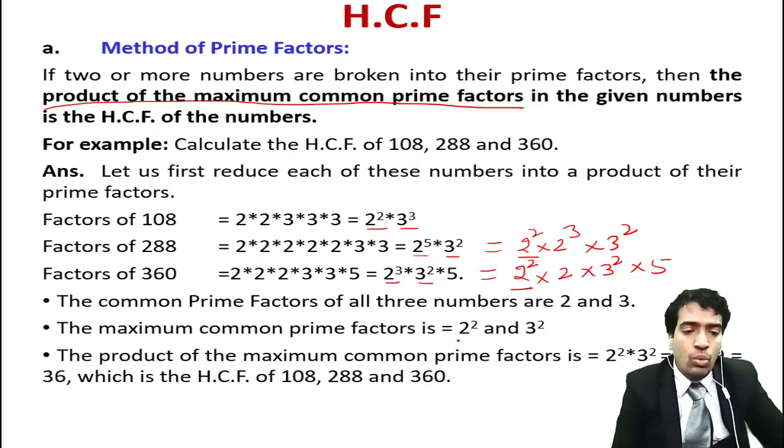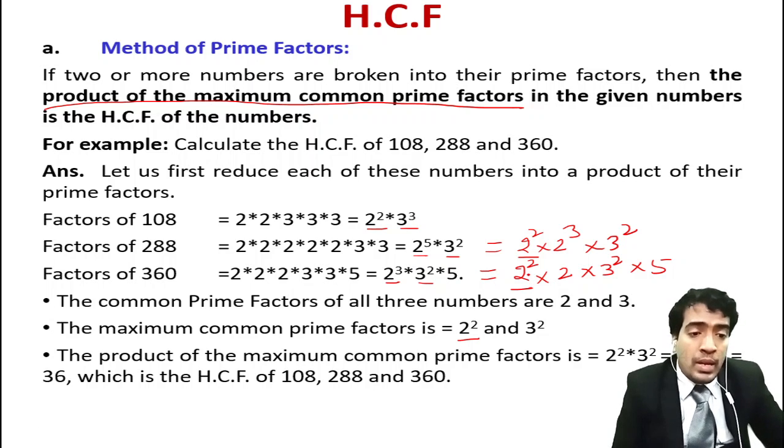So you take 2 square as the common prime factor, and it is the maximum common prime factor of 2 that is present in all the 3 numbers. Now let us look at the number 3. Now this can be represented as 2 square into 3 square into 3.